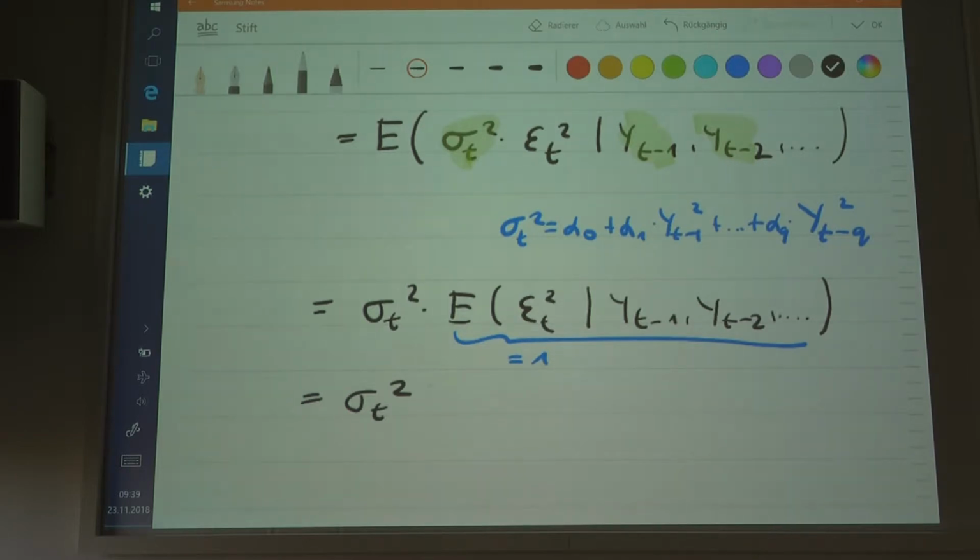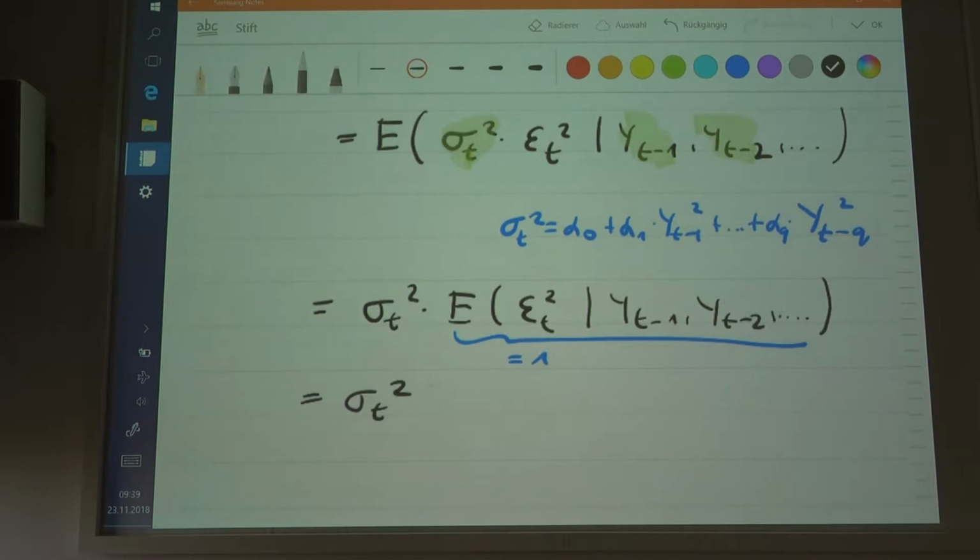Okay? So the square of the path realization of the process will give you the current conditional variance of the process. That's how the conditional variance is time dependent.